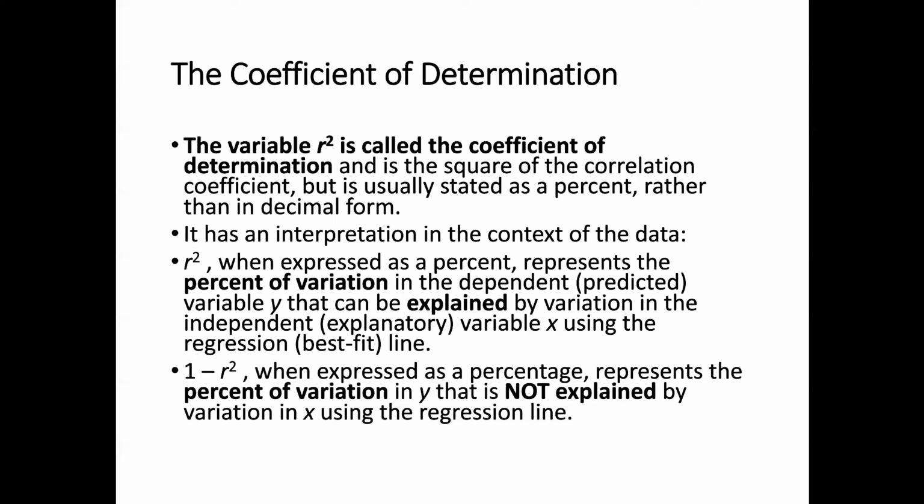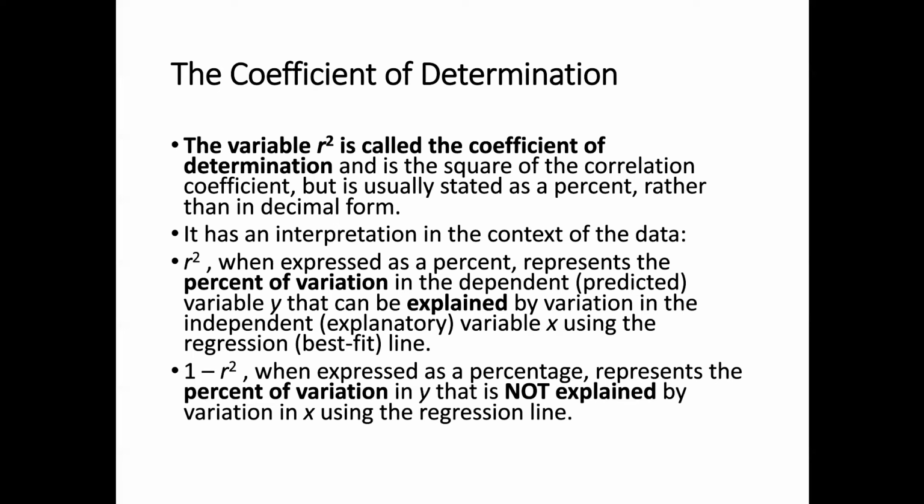And they put a percent sign in the problem. They want you to write it as a percent. It represents the percent of variation in the dependent variable, y, that can be explained by variation in the independent variable, the explanatory variable, x, using the regression best fit line. So because you have a regression best fit line, as x changes, so does y.